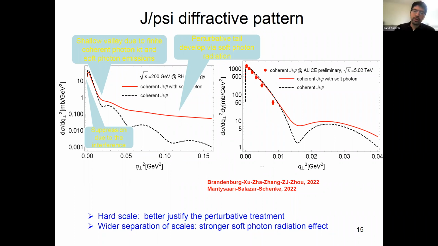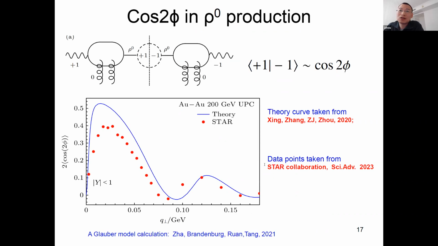But have you tried to compare with the data? Can you describe the data? Because for J/psi production, we do not have data for the asymmetry. Not for J/psi, but there is data for rho decaying to pions, right? Yes, so we compared this. Yes, this is the rho precise. Okay. And so here, do you include any soft photon radiation?